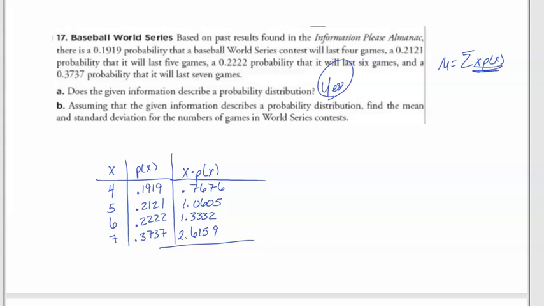I'm going to add all those up. So 0.7676 plus 1.0605 plus 1.3332 plus 2.6159. And I'm going to get 5.7772. So my mean is 5.7772.